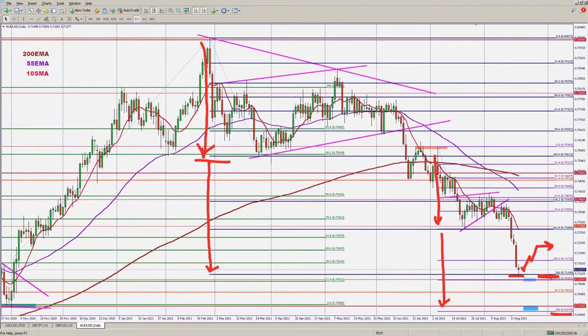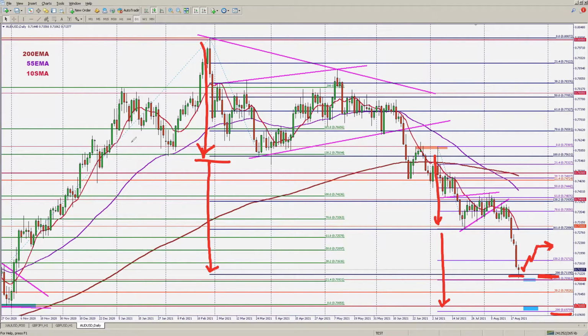Okay, so we'll see after next week. It may take a couple of weeks before it attempts to break down lower. And it also basically depends on the strength of the US dollar over the next week or so, to see whether it's able to reach this 200 fib.